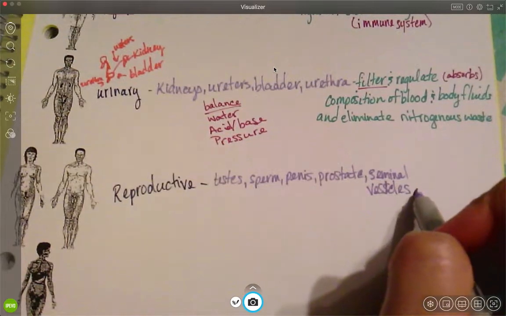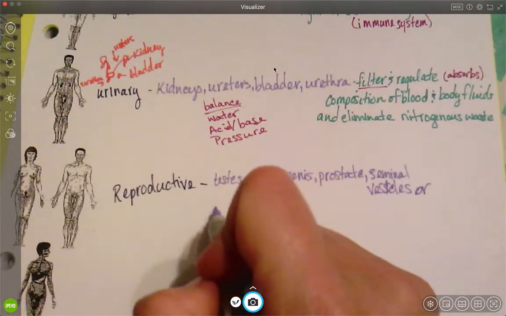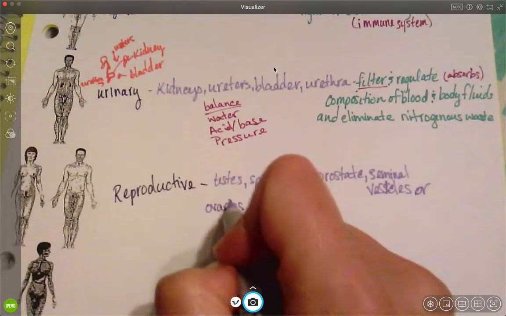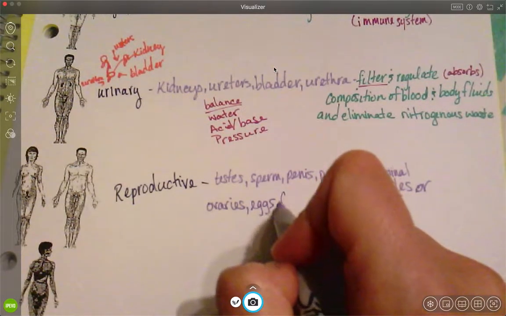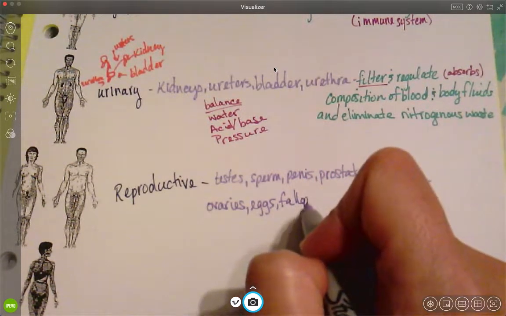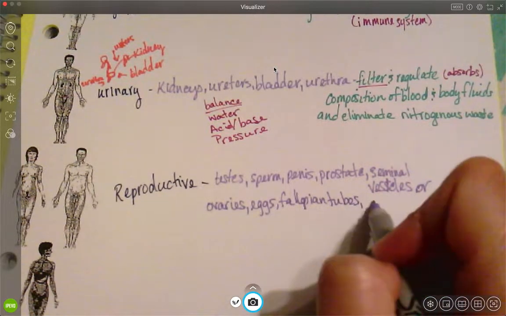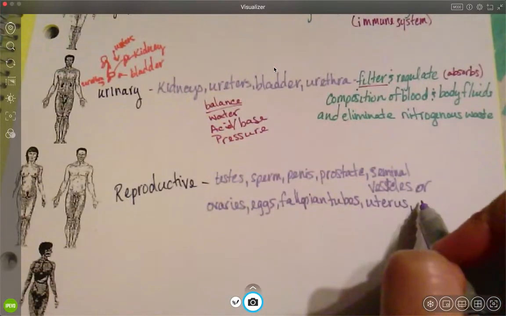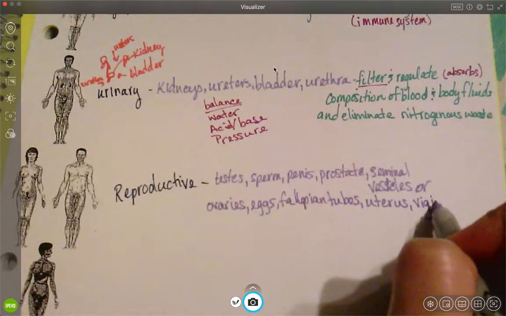All right? Or we're looking at a female, where we're looking at ovaries, eggs, fallopian tubes, the uterus, or the vagina.